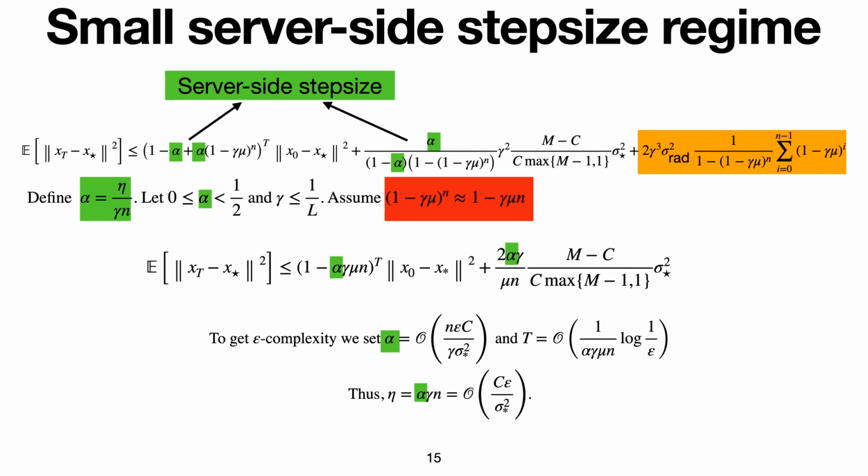Yeah, sorry, I thought you finished. Okay, and since we use a large client-side step size, which is proportional to 1 over L, this means that each local step is important, and this means that local steps actually help in this regime.